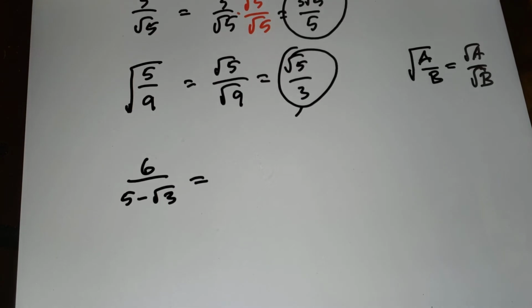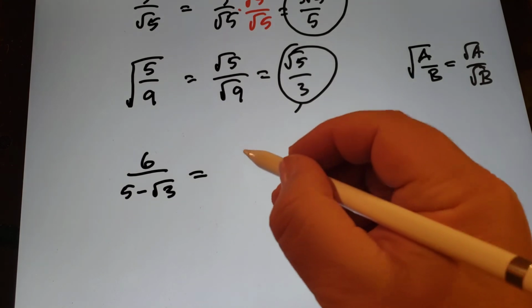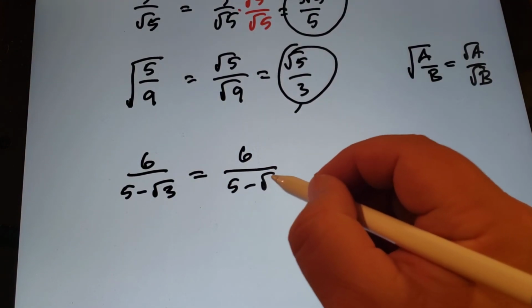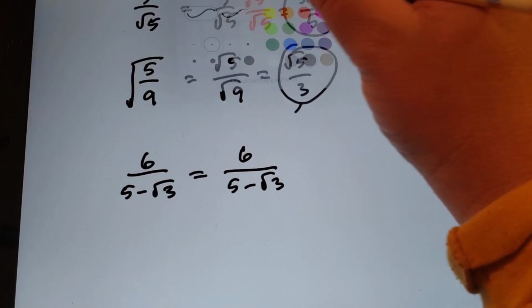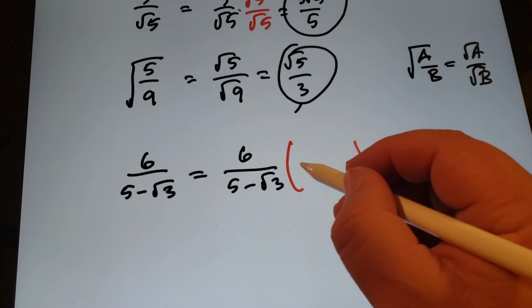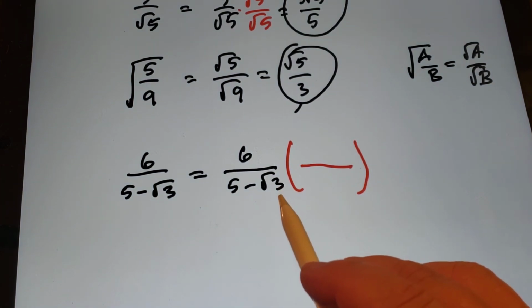All right, now this next one requires some understanding of algebra, but it's algebra we've covered. So I am going to multiply the top and bottom by whatever it takes to get rid of that radical.